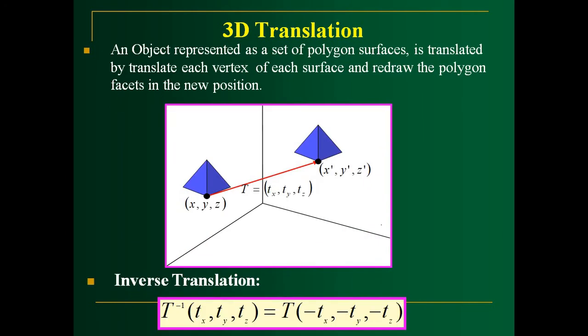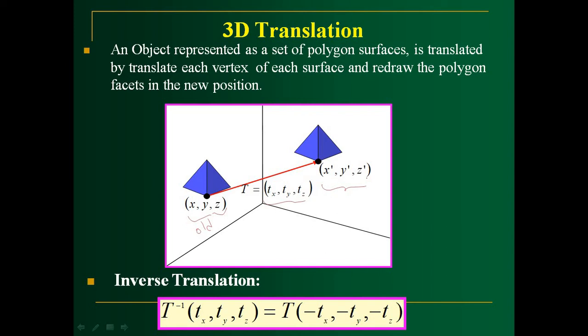An object represented as a set of polygon surfaces is translated by translating each vertex of each surface and redrawing the polygon facets in the new position. So here we have your old coordinates on the x, y, and z plane, and then your translation parameters, and here will be your new x dash, y dash, and z dash.